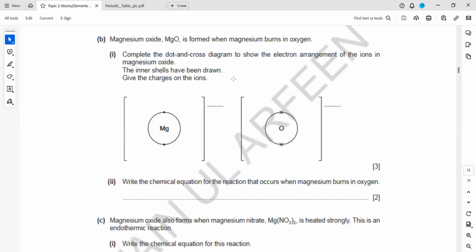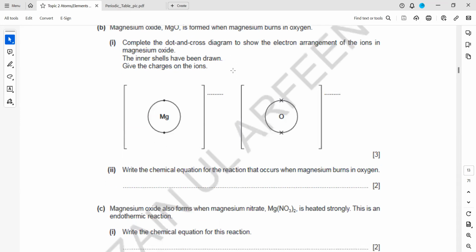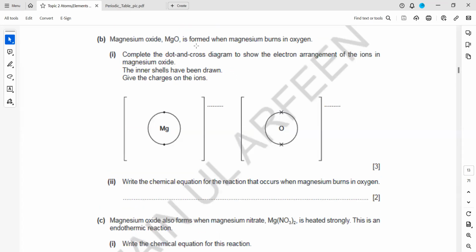Magnesium oxide, which is MgO, is formed when magnesium burns in oxygen. First thing, you have to complete all the shells. The magnesium atom will have 2, 8, and 2.